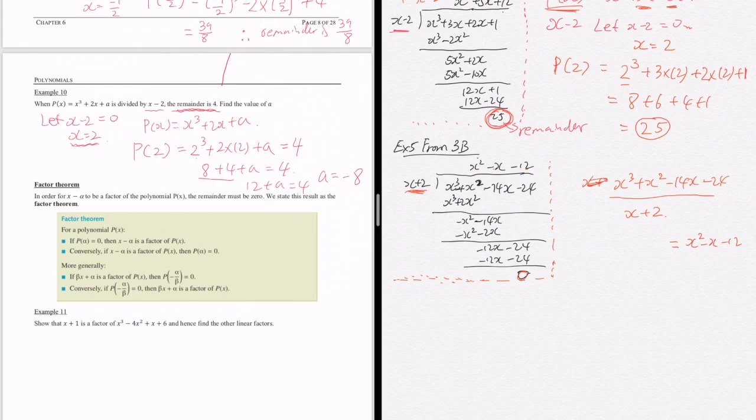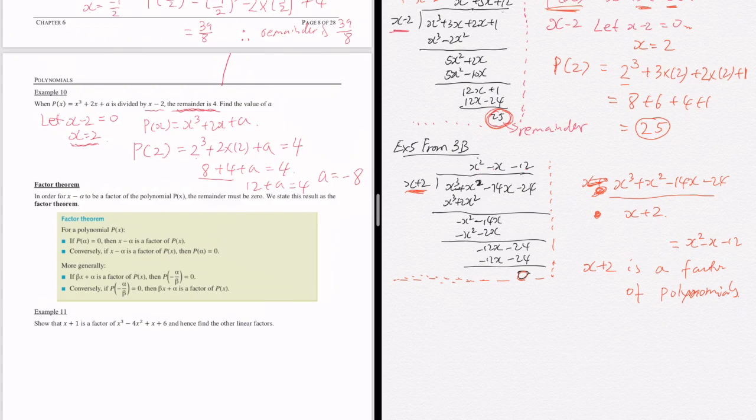So this means this dividend can be divided by x plus 2. In this case, we say x plus 2 is a factor of the polynomial. So now we can still try.